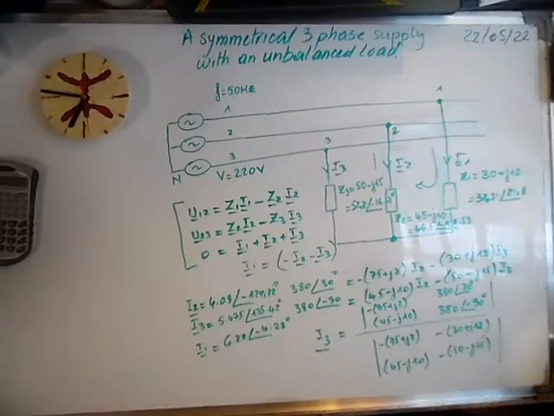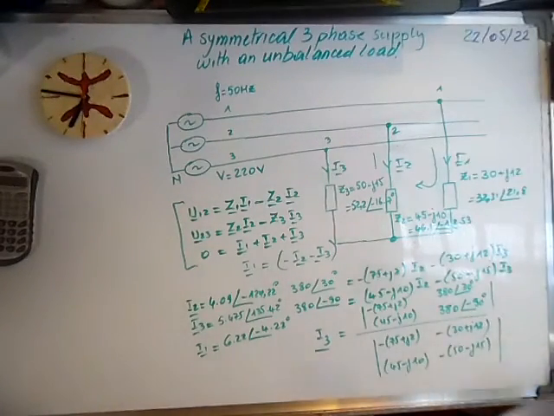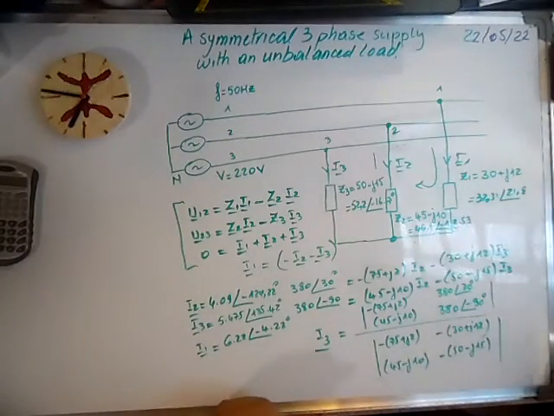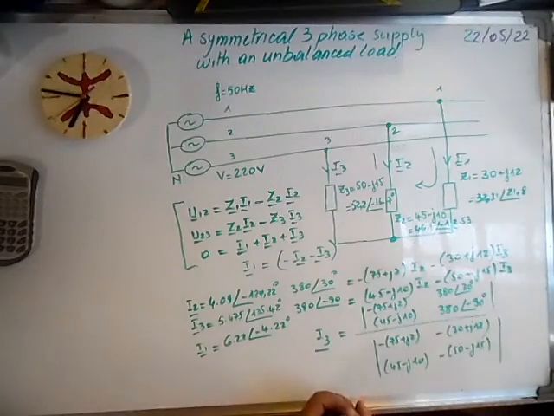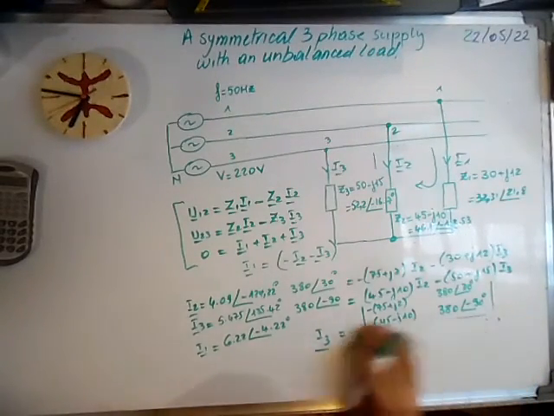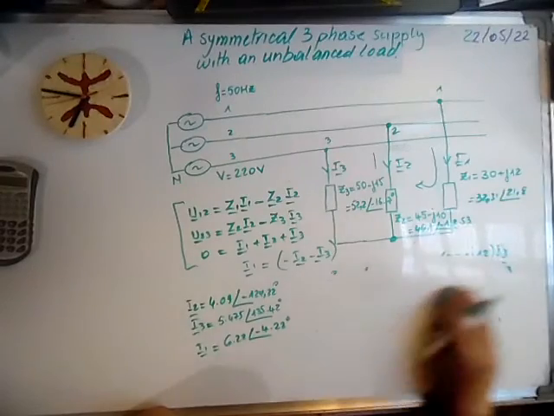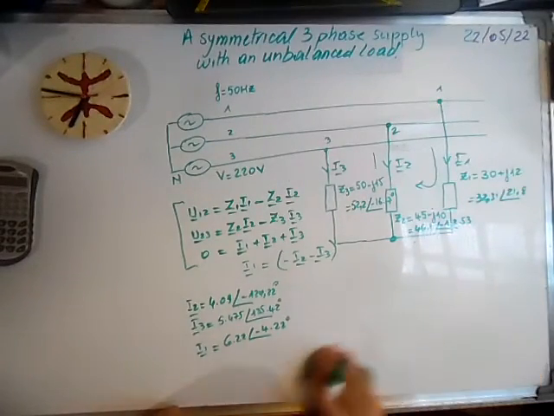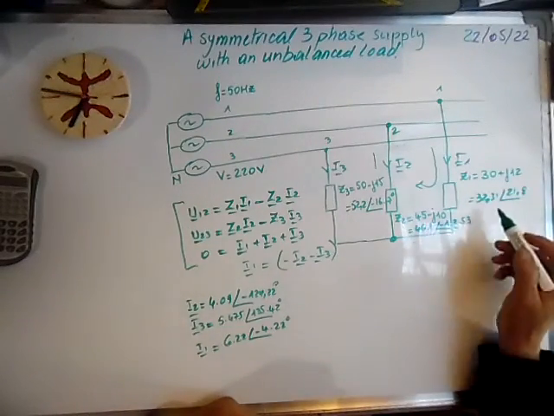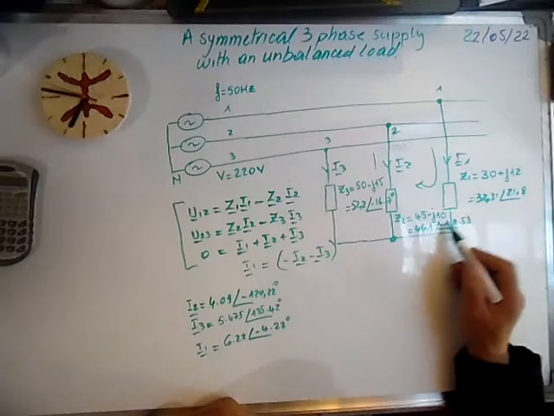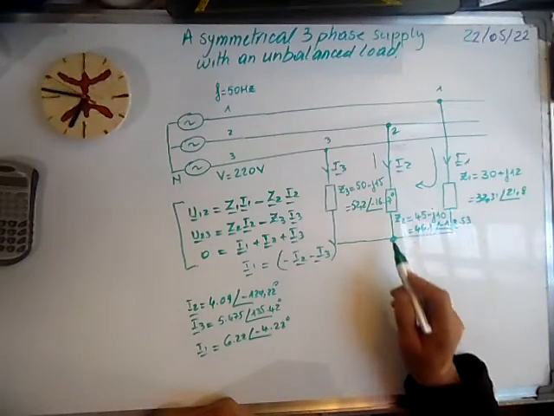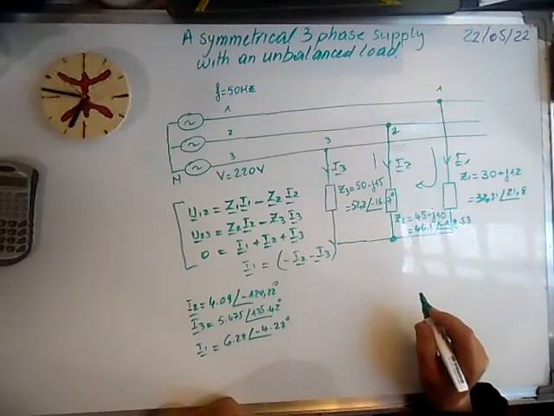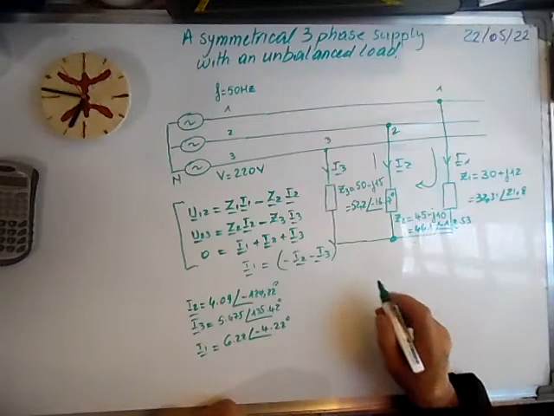We can now calculate the voltages. Because it's very easy. Once we have the currents, the voltages are easy to calculate. So we wrote the impedances in polar form because it's convenient for calculating the voltages.